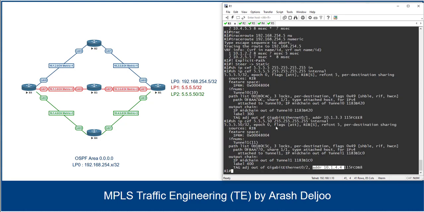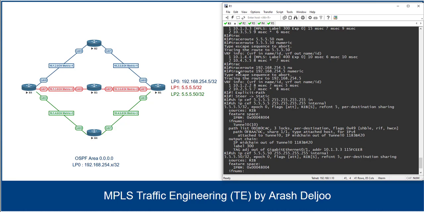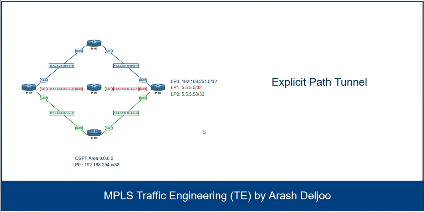And here in router 1, you can see this happened before with traceroute 5.5.5.50. This is the command we used. Label 400 received, sent to router 4, and from router 4, after popping the label, to router 5.